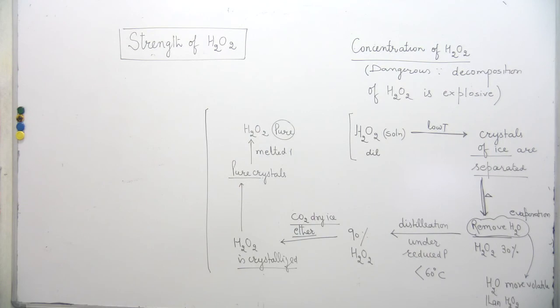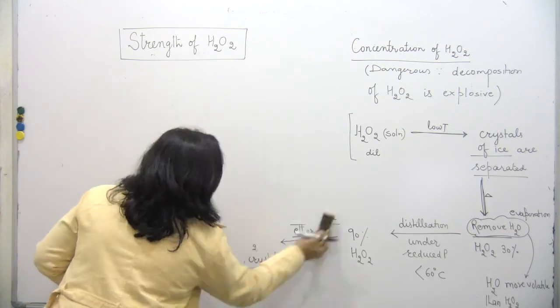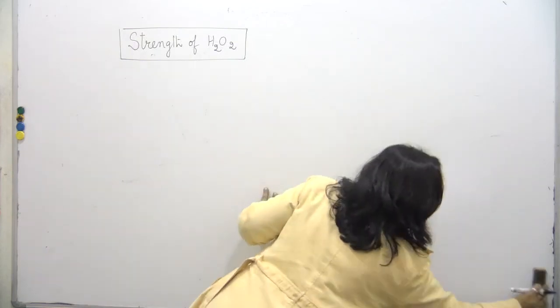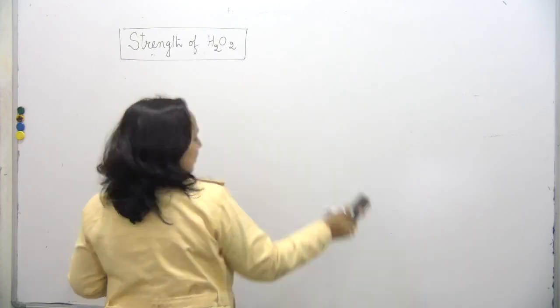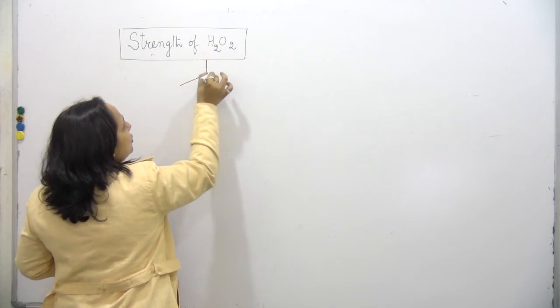So now we want to have the strength. We want to know about the strength of hydrogen peroxide. Note it down. Two types of strength of hydrogen peroxide are expressed.